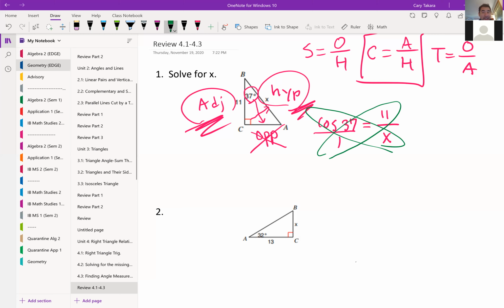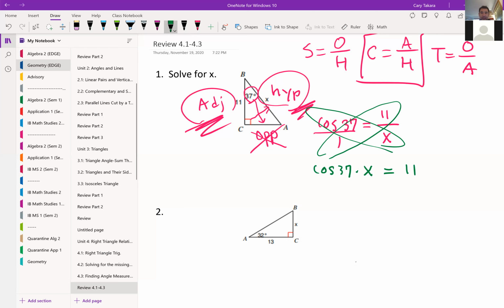Cross multiplication says each diagonal multiplied together is equal to each other. So cosine of 37 times x will be equal to 1 times 11, which is just 11.